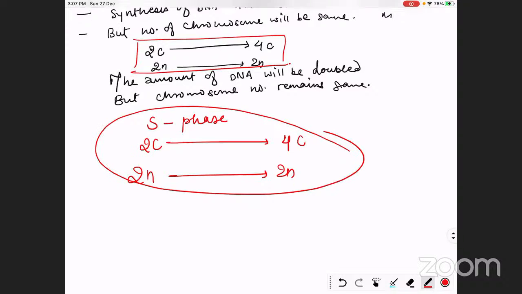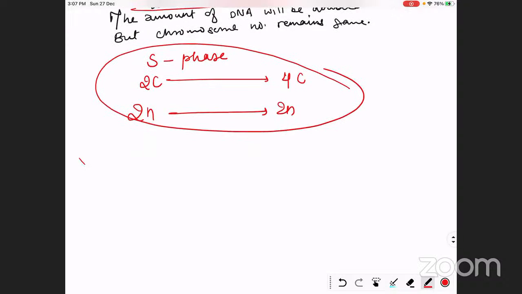Now, one more thing is there. Centriole will divide. Centriole will also duplicate in the cell.